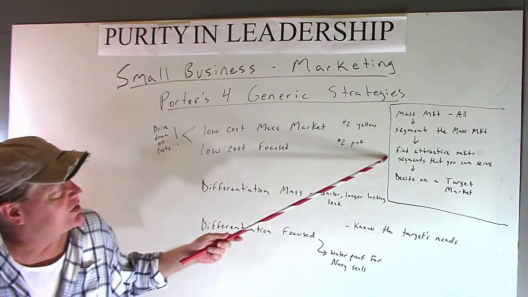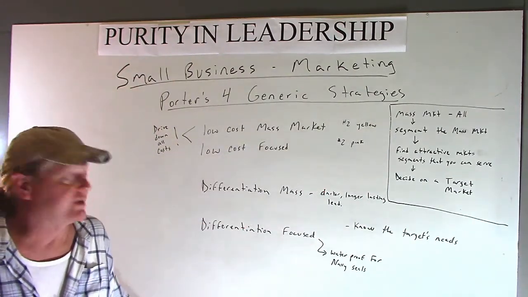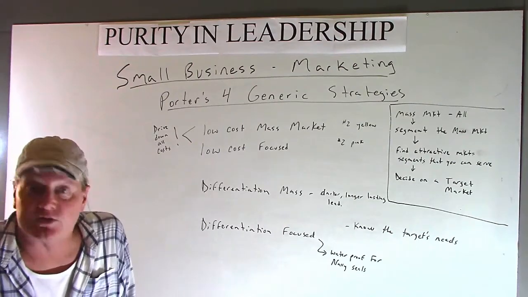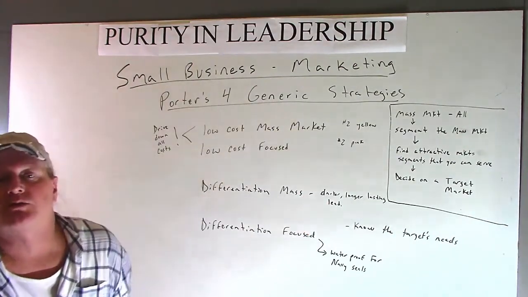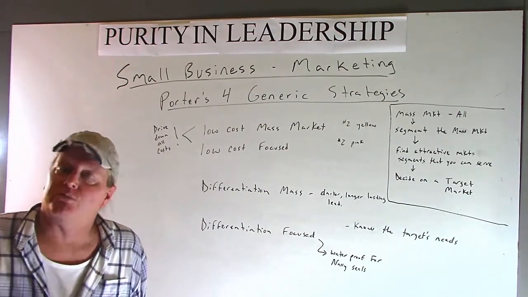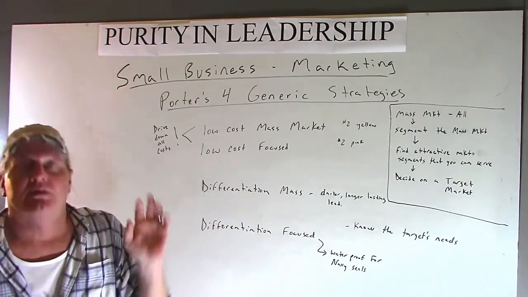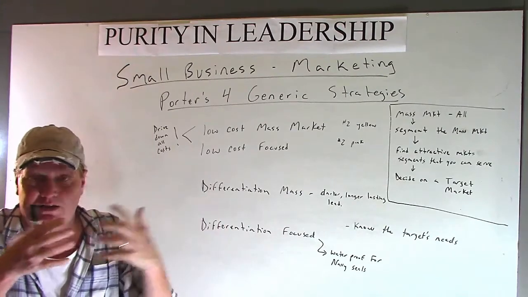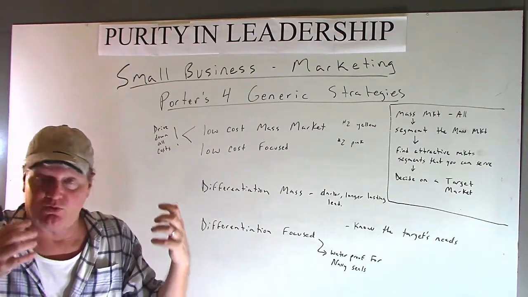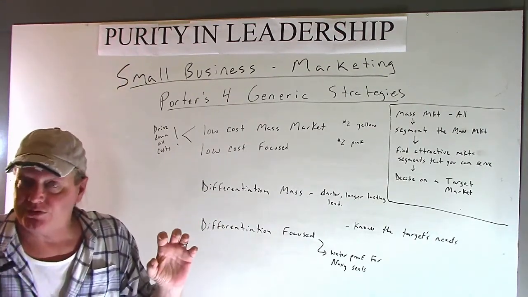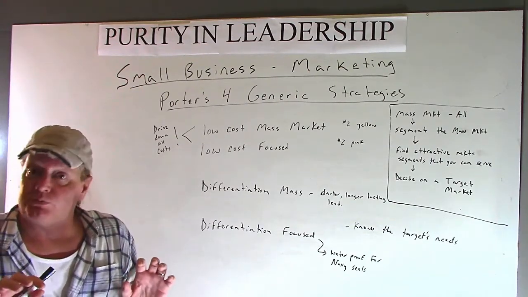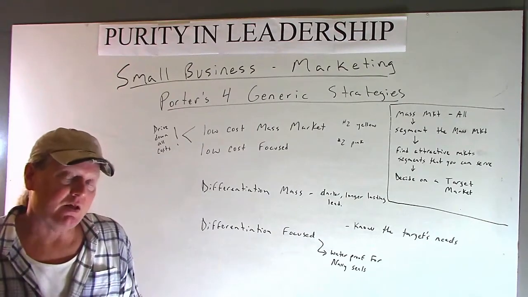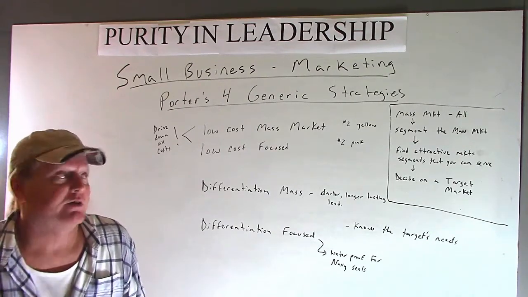And then we could find attractive market segments that we might want to target. And then we would decide on one of those market segments, and that would become our target market. So we start with mass, then we do segmentation. We segment the market into groups of people who are similar but different, and then we look at those to see who we might can serve with our product, and finally choose our target market.